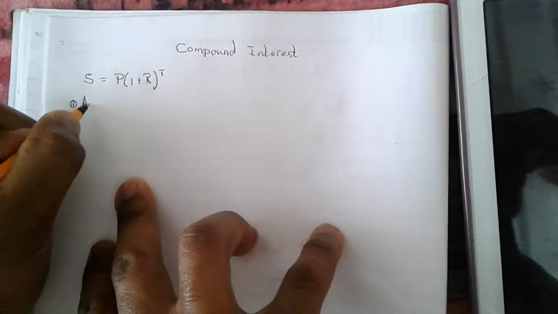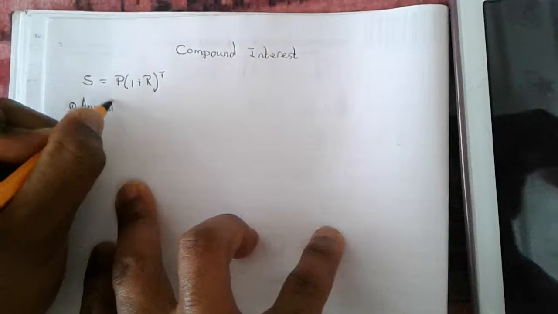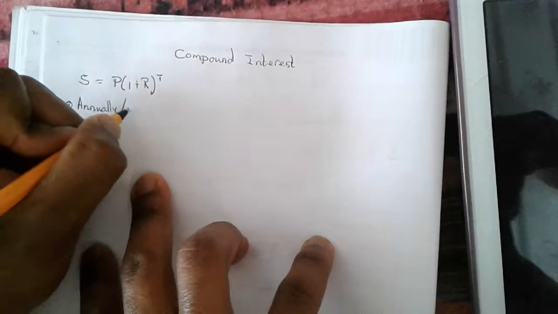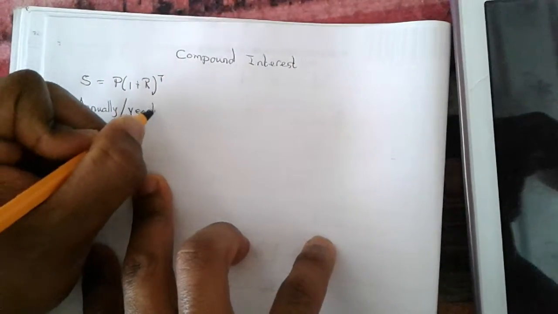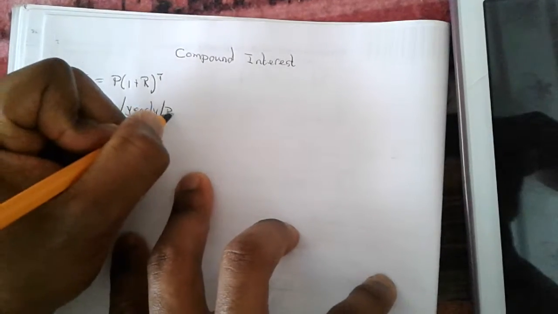Just two things. Here you're going to be told that whatever amount the person invested or saved will be compounded either one, annually, or yearly, or maybe per annum.